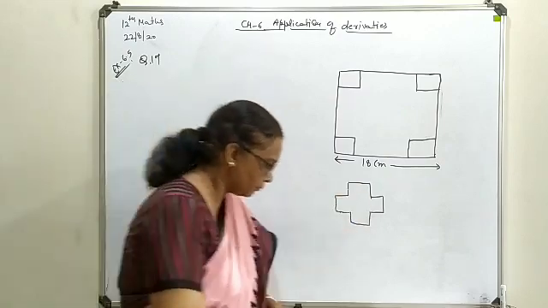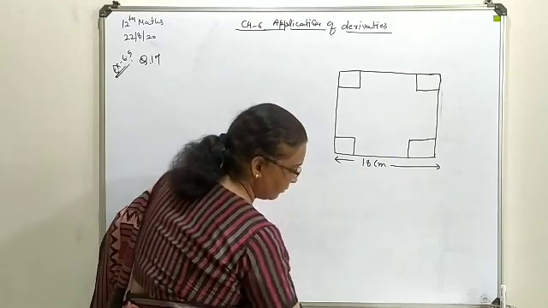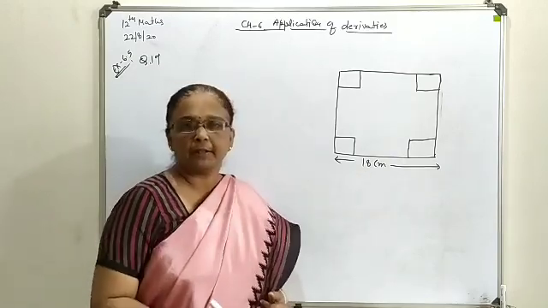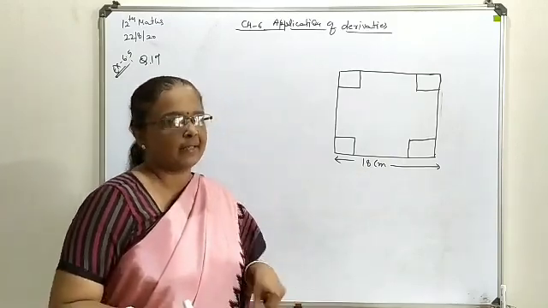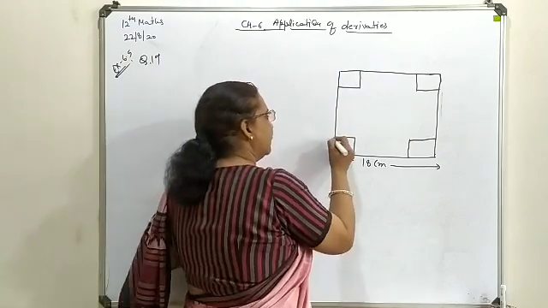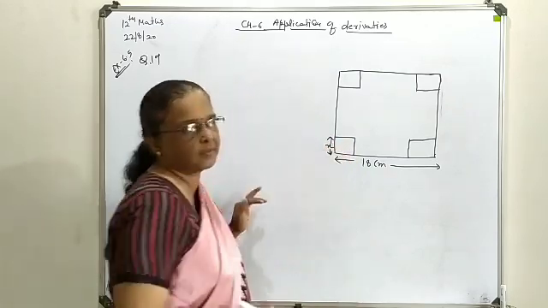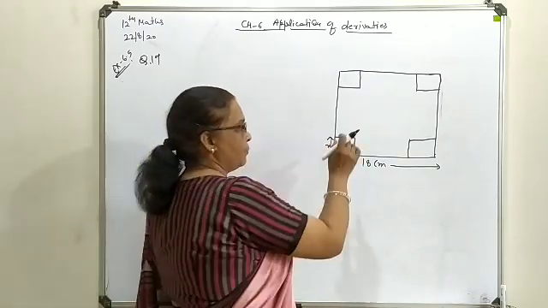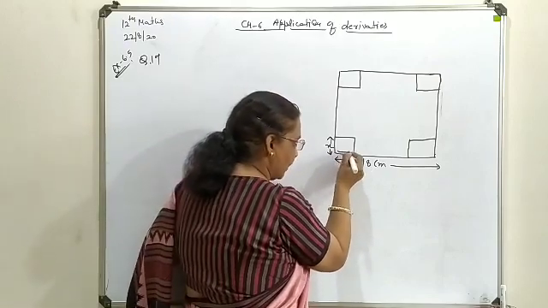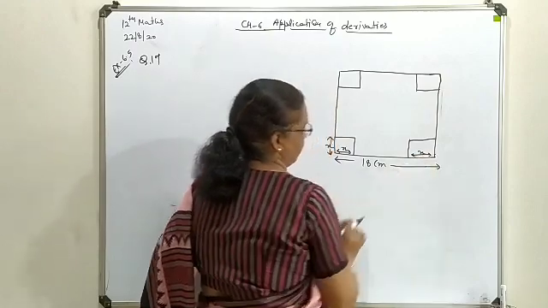So first we try to find all 3 sides of the box, that is L, B and H. Let the side length of the small square be x centimeter. Obviously on the other side also it will cover x centimeter.